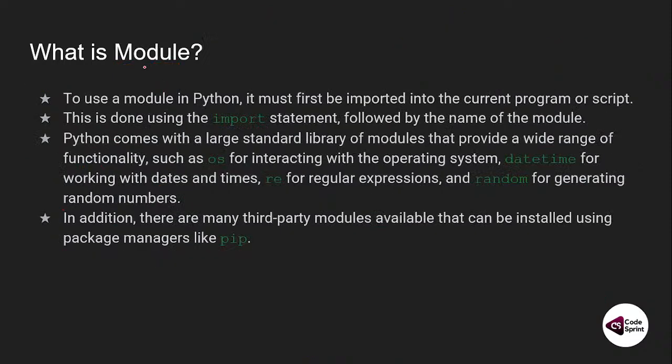Now let's discuss some more things about the module. To use a module, firstly we need to import it. I already discussed that if we want to use any module, first of all we need to import it into the current program. Now how can we do this? First of all you need to write import.